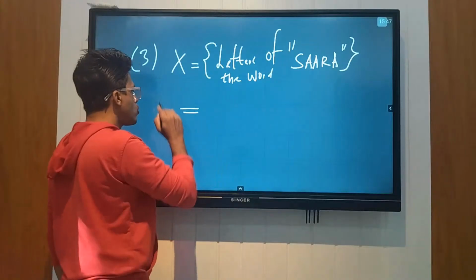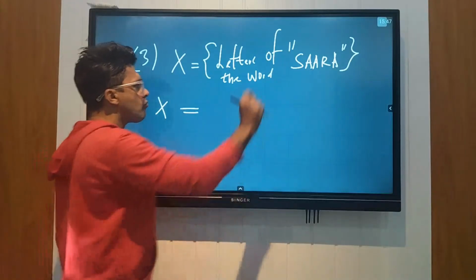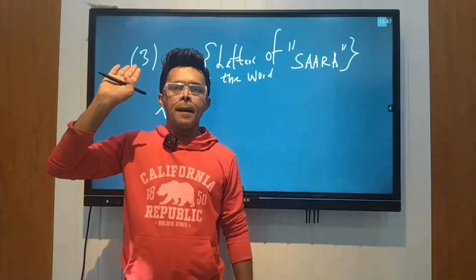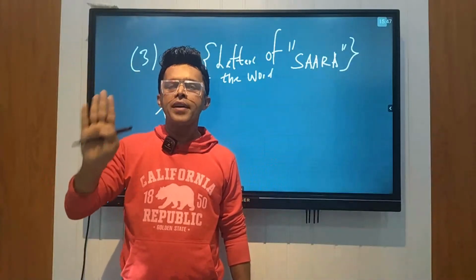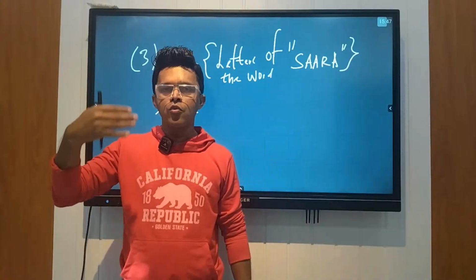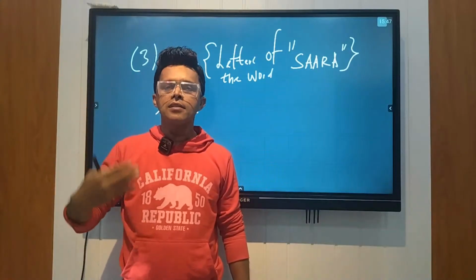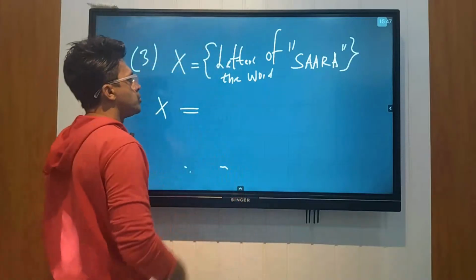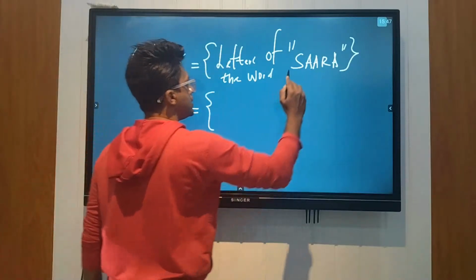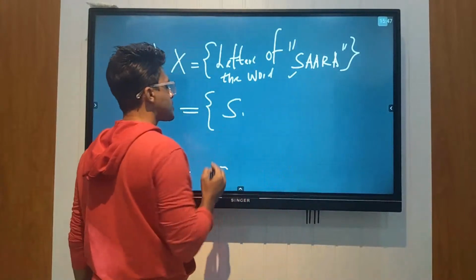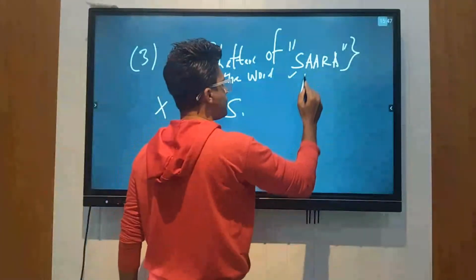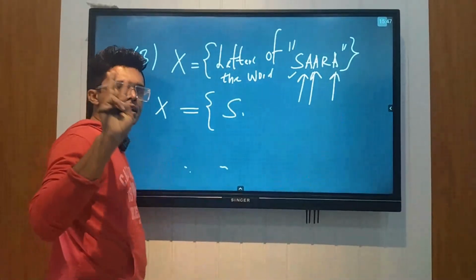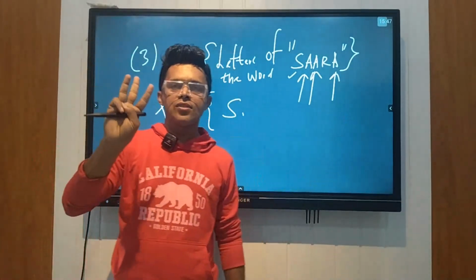Now, what do we do here? We do not write the same term twice. When you get the elements of the word Sarah, we write S, and you could see here 1, here 2, here 3. The letter A is written thrice, 3 times.